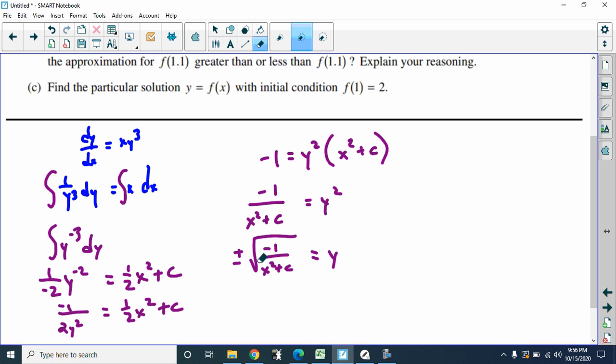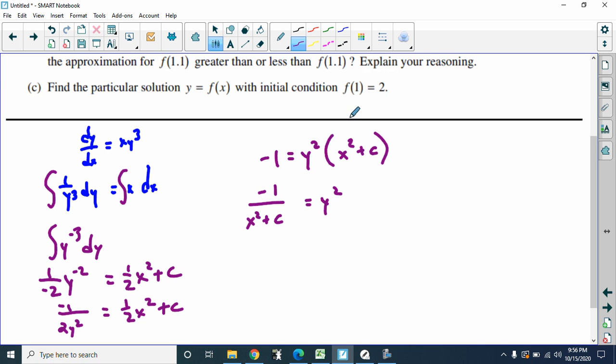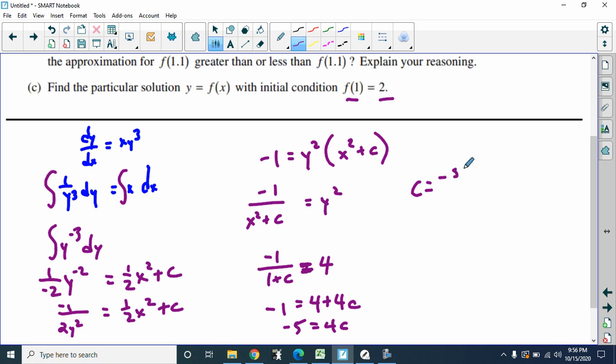Might be best actually to solve for c in this previous step. So when x is 1, my y value is 2. So if I plug in 1 for x, 2 for y, c equals -5/4. That's gross.